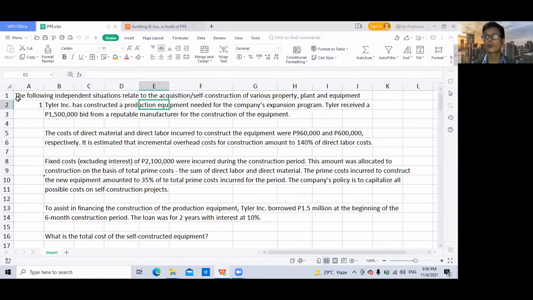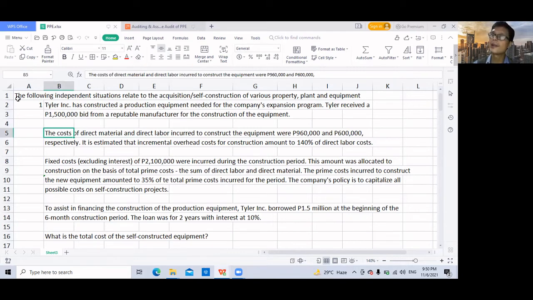So Tyler, the businessman, will have it constructed. The cost of direct materials and direct labor incurred to construct the equipment were 960,000 and 600,000 respectively.